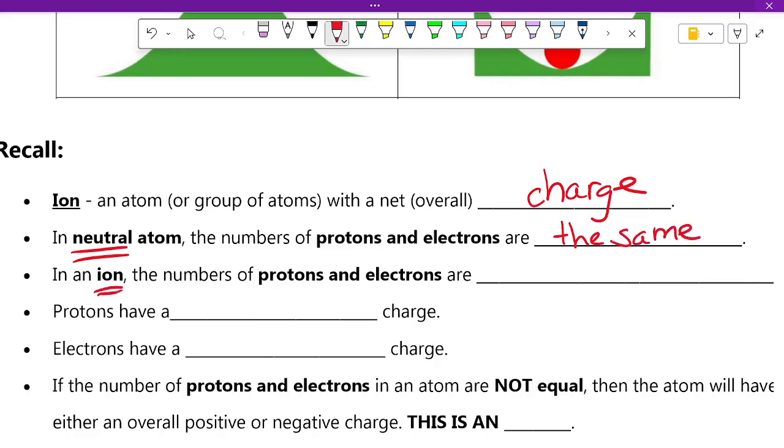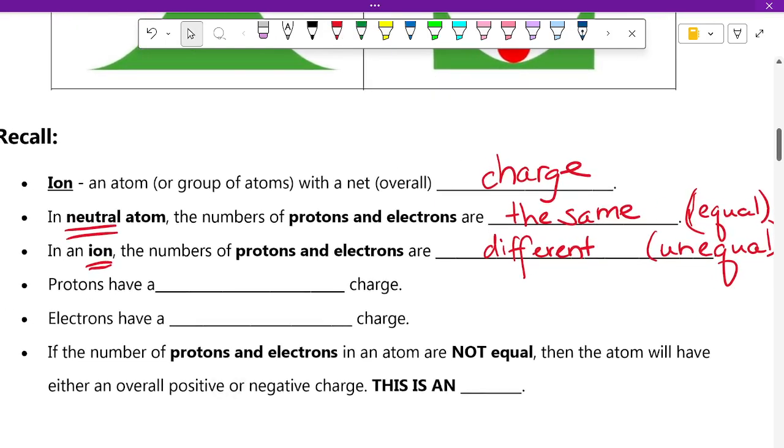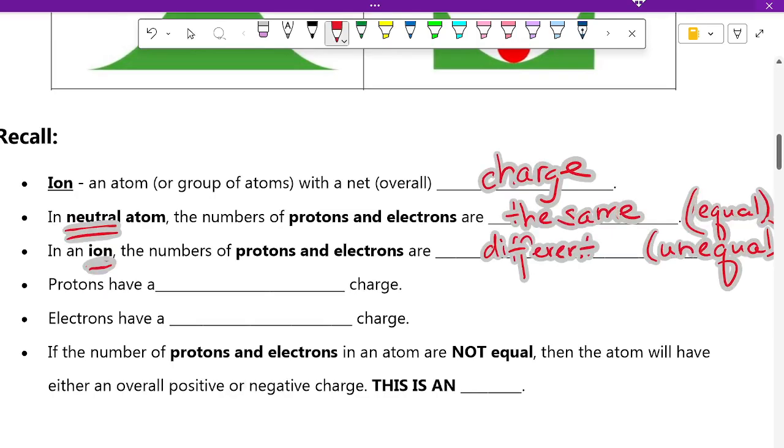In an ion, the number of protons and electrons are different, or you could say equal and unequal.